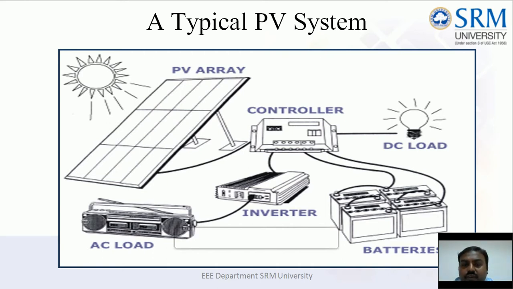The reason for that is the output power of the PV array will vary depending upon irradiation and temperature. Therefore, we need an interfacing controller before feeding the loads. Therefore, power electronic interfaces are mandatory between your PV array and loads.